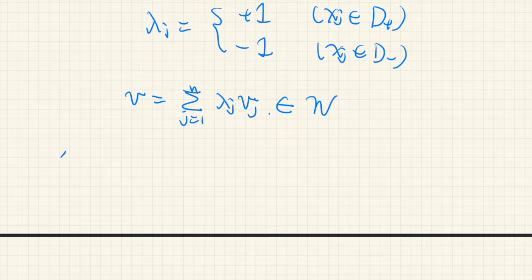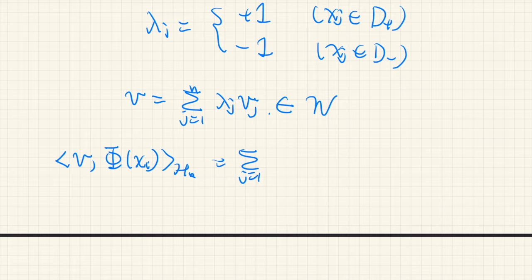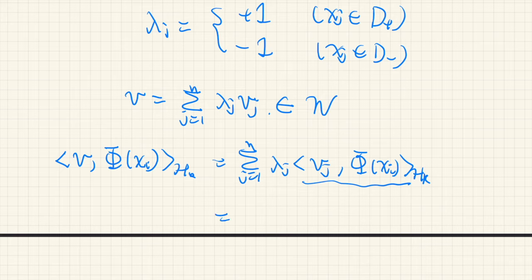And the inner product between v and phi of x_i is the sum of lambda_j times v_j times phi of x_i. But this is Kronecker's delta, so the result is lambda_i, which is +1 if x_i belongs to D+, or -1 if x_i belongs to D-.